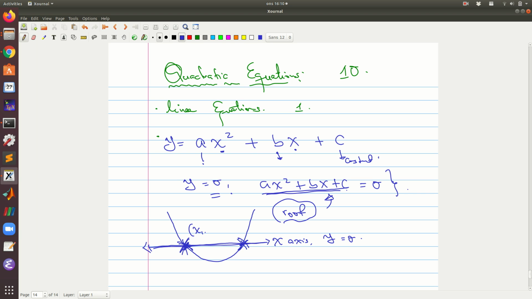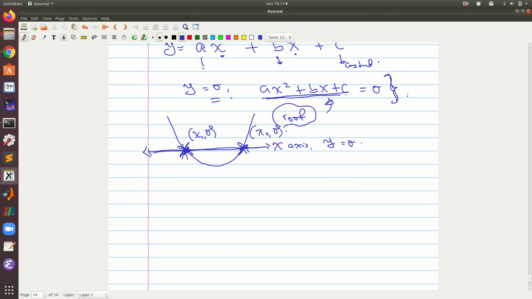Maybe we can call it x1, of course y is 0, and then here maybe we call it x2 and y is 0. That is the root of our equation, and that is going to be the solution here. So this equation here will have two solutions, and we shall look at ways of solving or finding the roots of this equation.